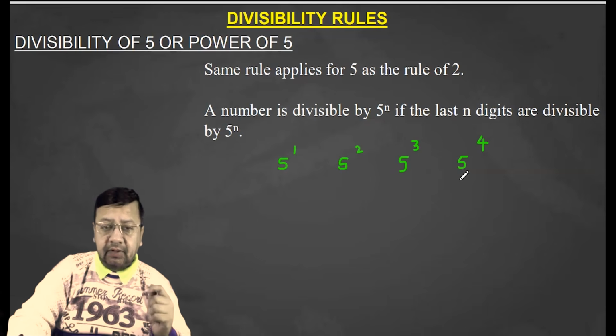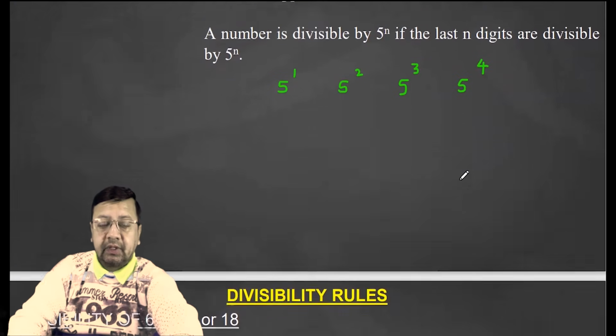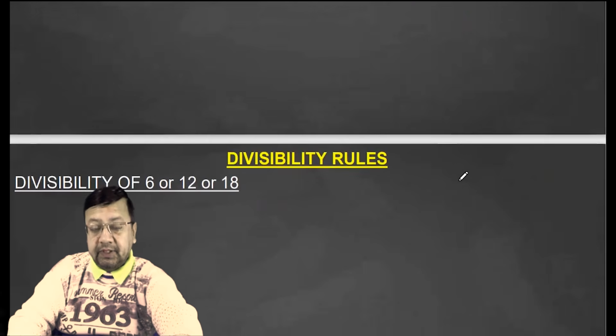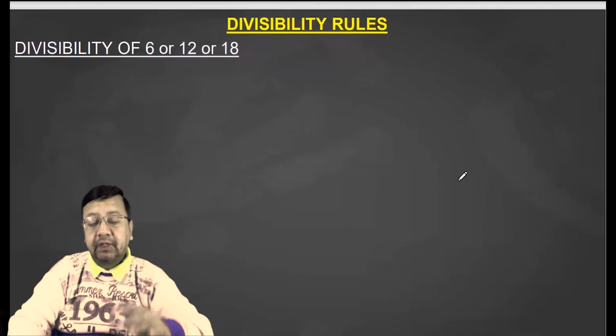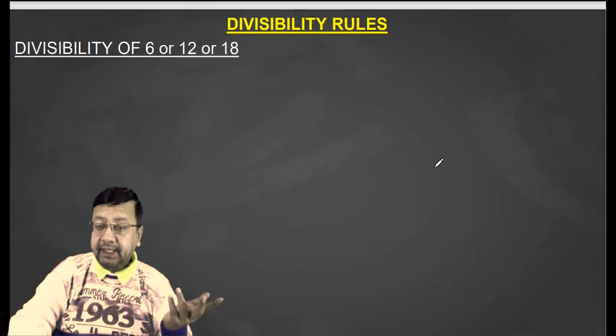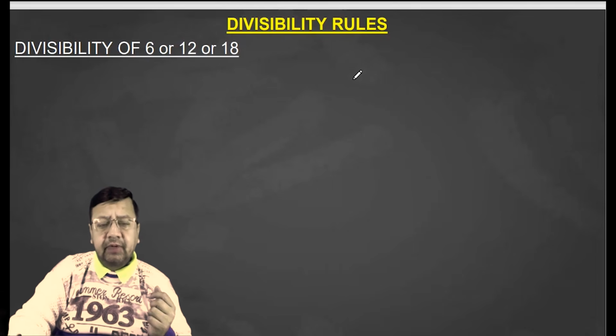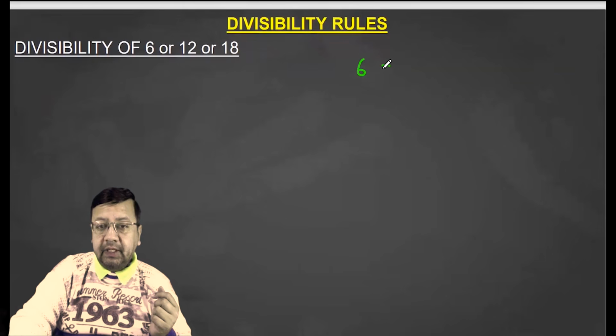Right? Now, coming to the next number, this may be some composite number, where you can break down the number into some different factors. Say, for example, 6, 12, 18, etc. If I want to check for 6, I can break 6 into 2 into 3, right?